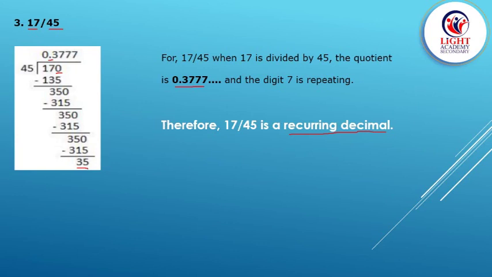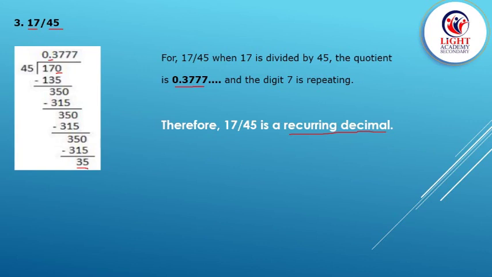So we put a decimal point here and put a 0. It increases the worth of that number, it makes 170. Now that number can be divided by the divisor 45. 45 times 3 gives you 135. When you subtract it, it leaves you 35.